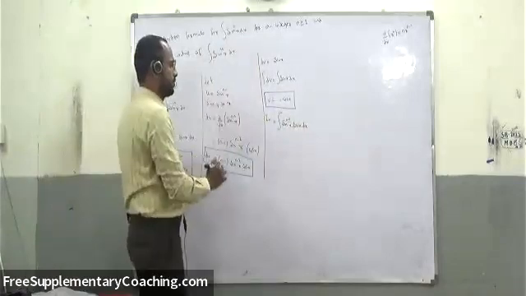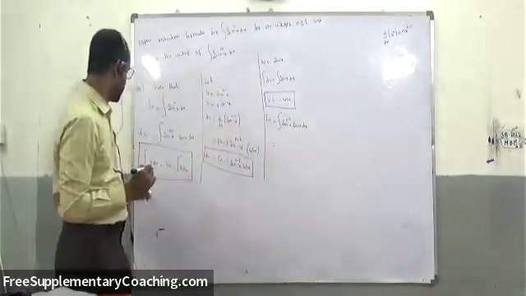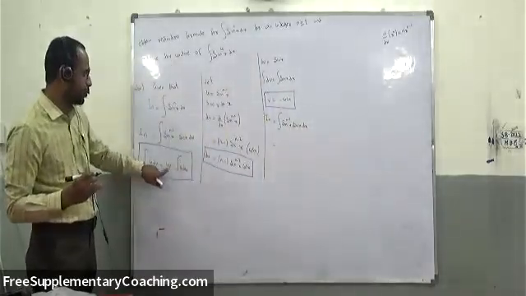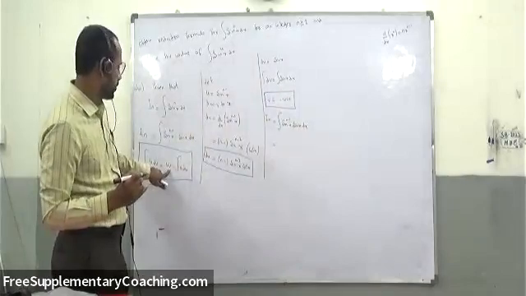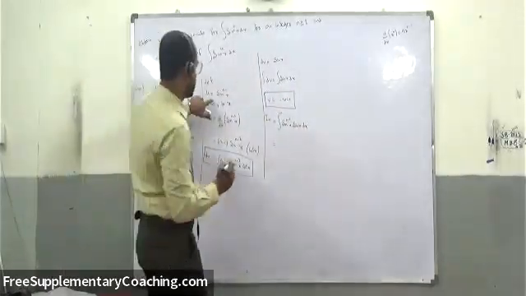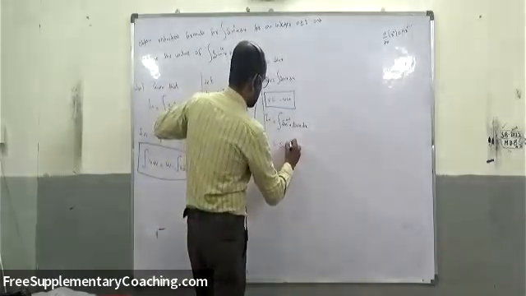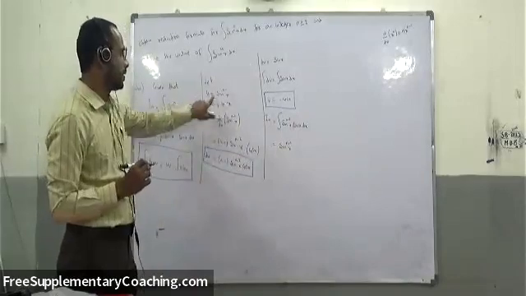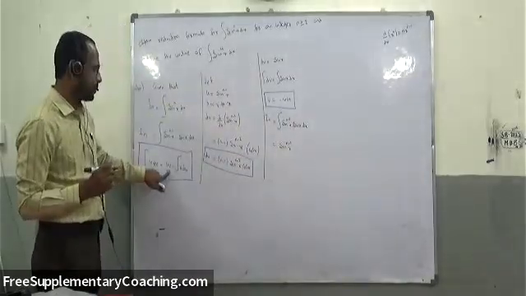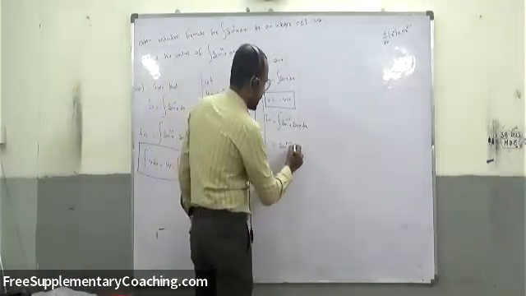So first I have to write uv in the RHS. What is our u value? Sine power n minus 1 x is u. And then v. What is v? Minus cos x. Just write it in a bracket.